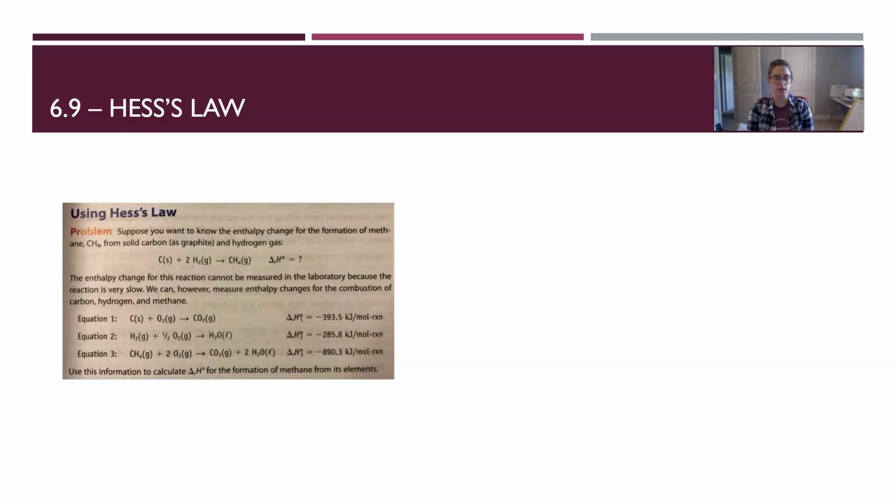So I'm going to flip equation 3, so I'm going to reverse it. That makes our methane gas a product instead of a reactant. So I'm going to change the sign on that as well. I'm going to lay all those out, and then I'm going to see how my different components cancel, because if the coefficients don't match up, then I might need to make some adjustments.